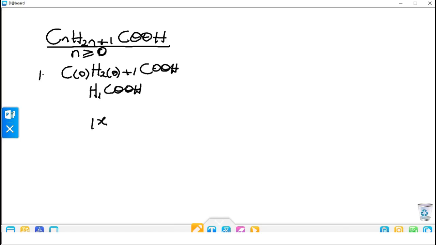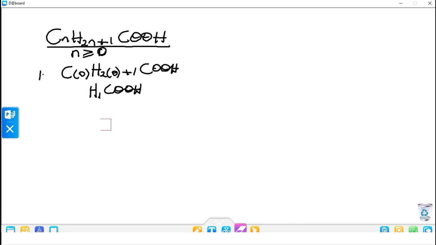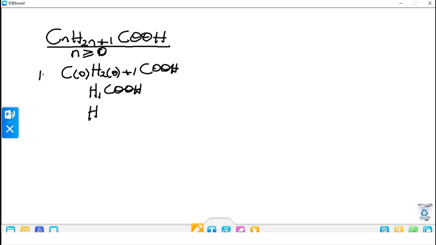So just like we don't have anything like 1a or 1b, we just simply have a or b. Since that is what it implies, we're not going to write down H1, but we're just going to say HCOOH. So this is the molecular formula for the first member of that family, which is methanoic acid.